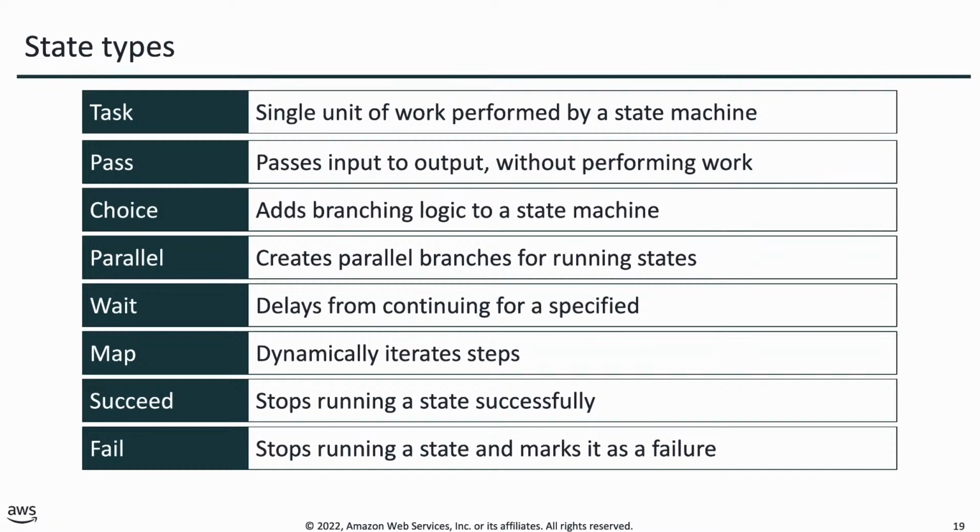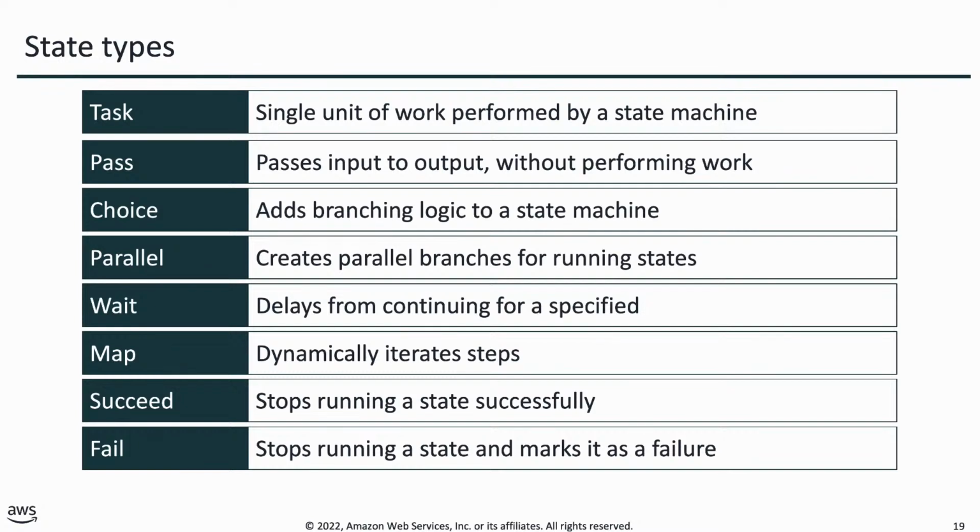There's also choice, so you could add branching logic to your workflow, and in the configuration tab of the inspector panel, you can configure rules to determine which state the workflow will transition to. There's also parallel. You could add parallel branches to your workflow. There's also wait. So you could pause the workflow for a certain amount of time or even to a specified time or date. You can map. You can dynamically iterate steps for each element of an input array.